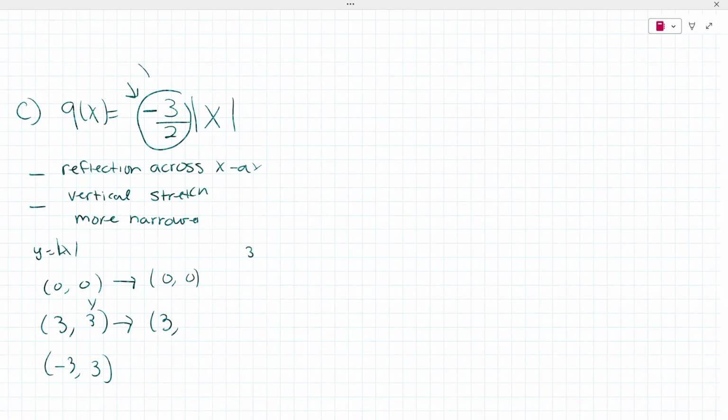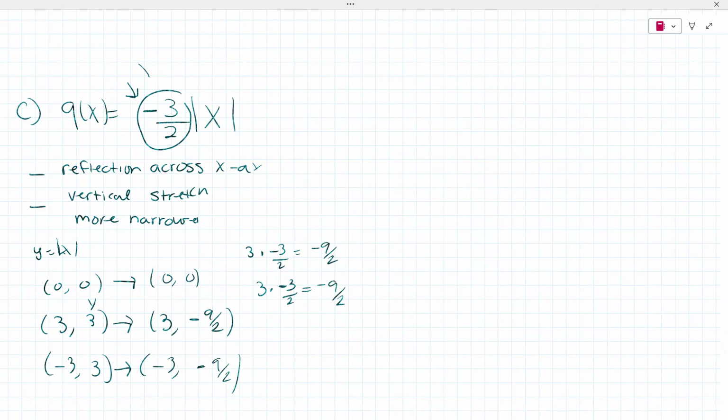So what's 3 times -3/2? That is -9/2. And what about this one, -3? We're going to multiply 3 by -3/2. 3 times -3/2 is -9/2. Okay? And then you have your points.